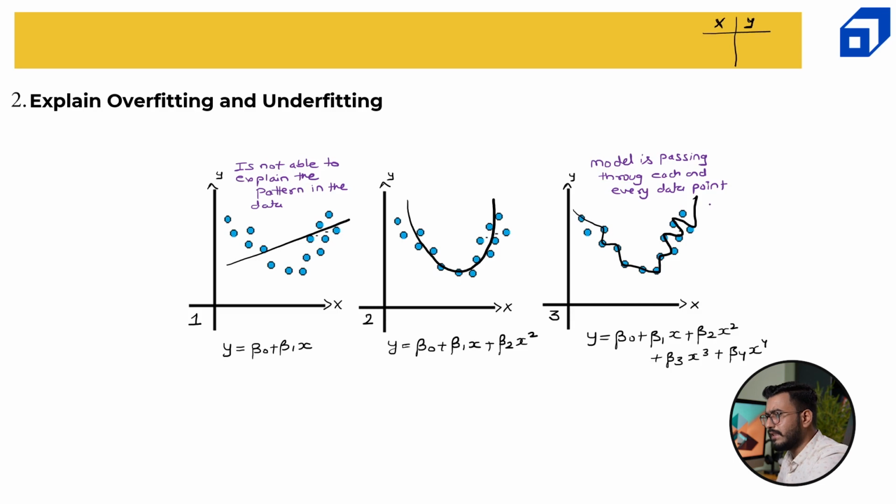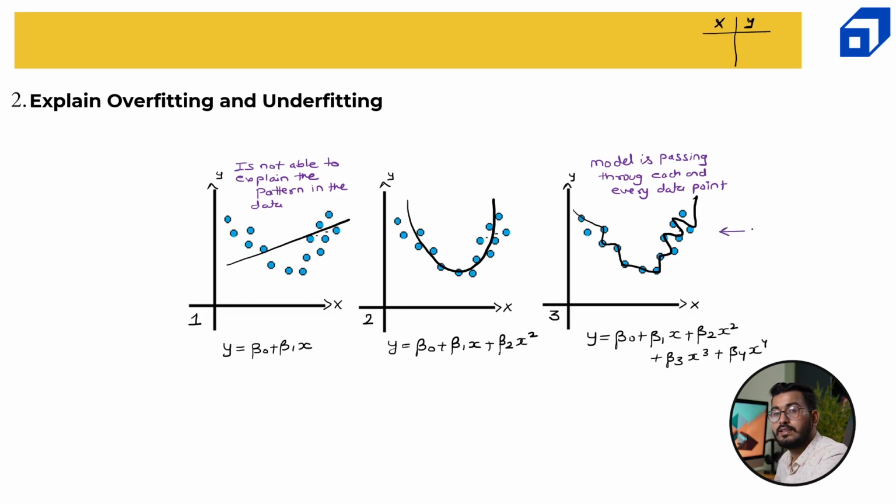Now please understand one thing. In this particular case, which is my third case, my model is not learning the pattern. Please remember, the objective of any machine learning model is to learn the pattern from the data, not the data itself. And in the third case, what is happening?